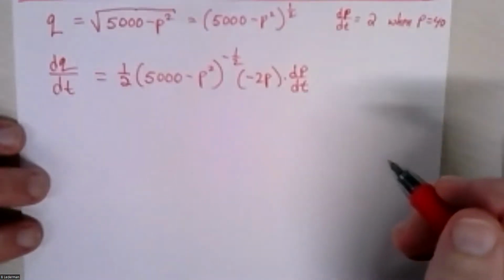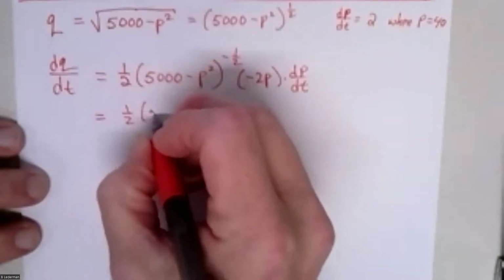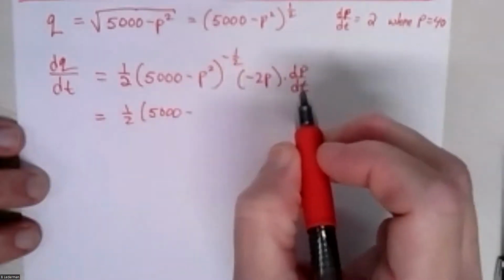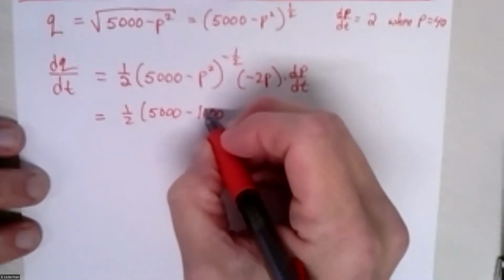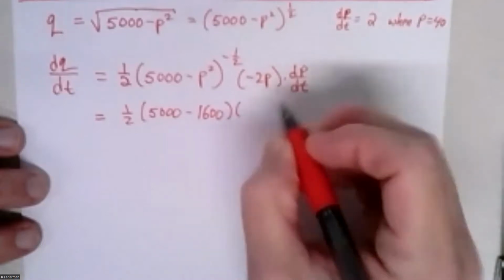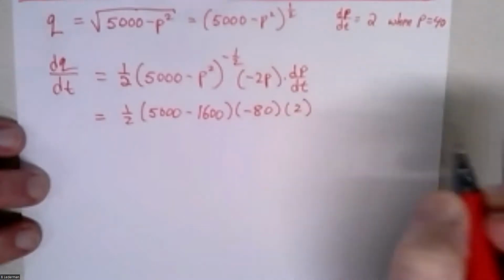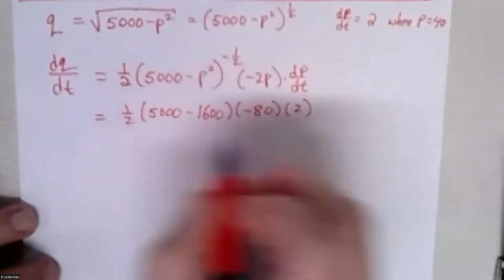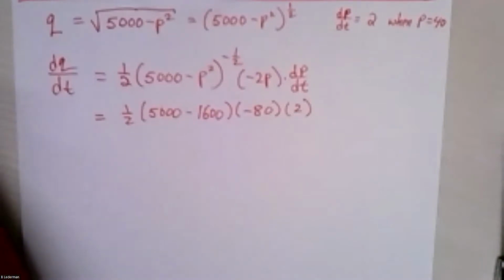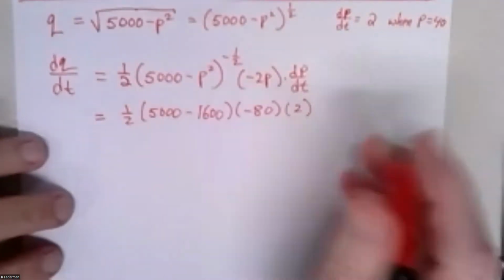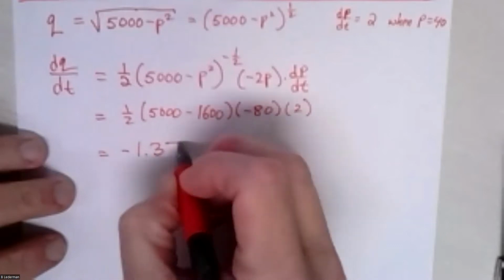So let's plug it in: 1/2 times 5,000 minus 40 squared, which is 1600, to the negative 1/2 power, times negative 80, times 2, which is equal to, but notice that this is going to be a negative number, and if you crunch it all out, it's going to be roughly negative 1.37.